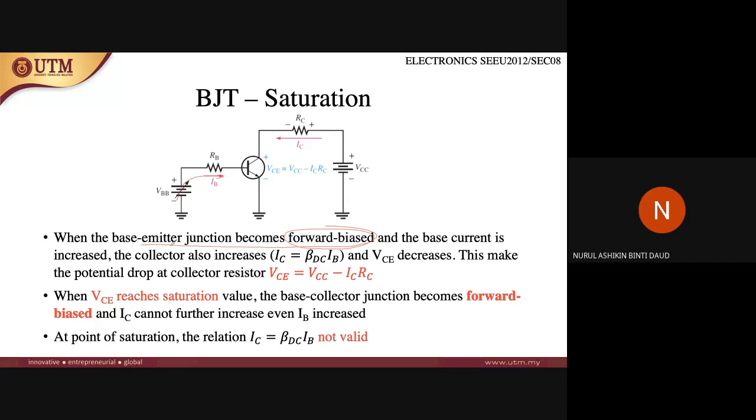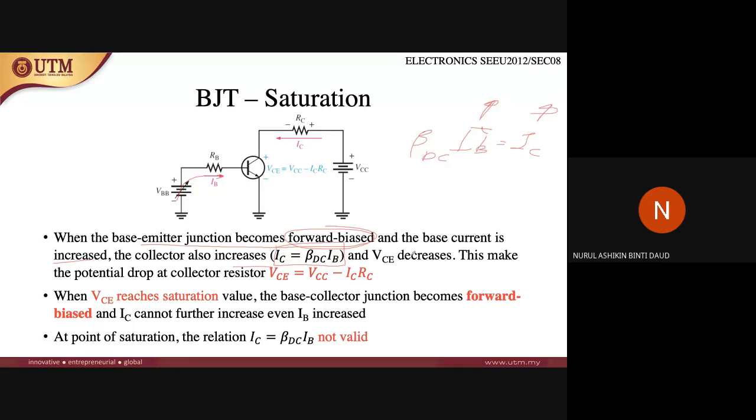When the base emitter junction becomes forward bias, the base current increases. So the current here is increasing, and the collector current also increases. From this formula, when IB increases, beta DC times IB equals IC, so IC also increases.